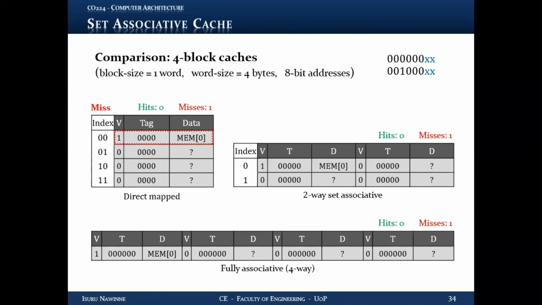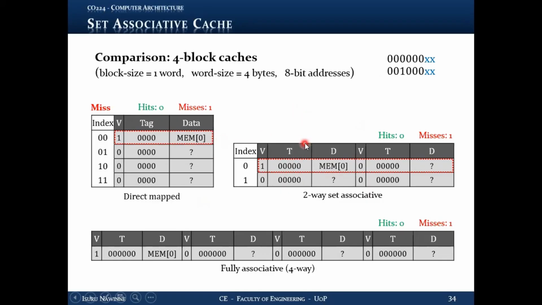Yeah, exactly, correct, very good. It's going to be a miss because the tags don't match, right? We don't have a matching tag. There's only one valid entry in that set at index 0, right? At index 0, there is only one valid block, and the tag doesn't match for that, right?